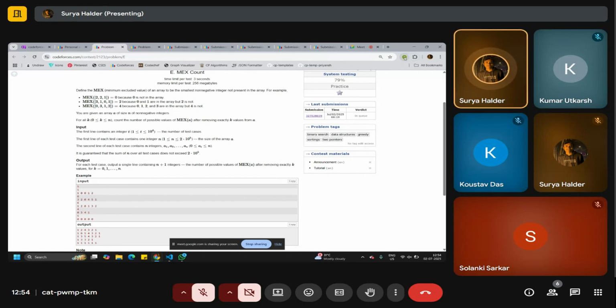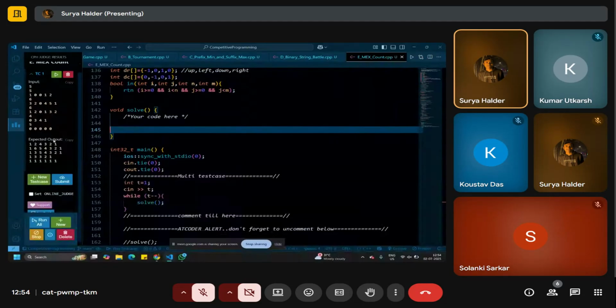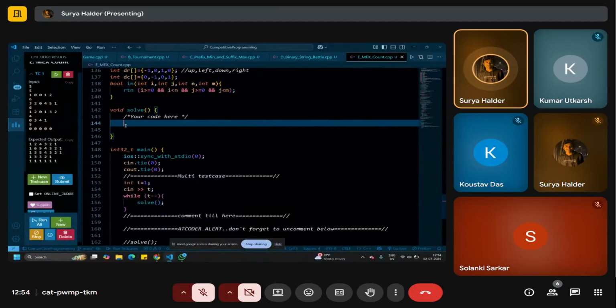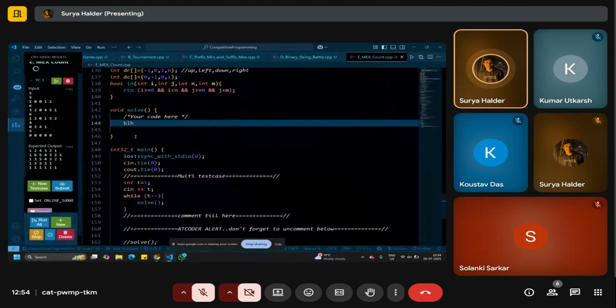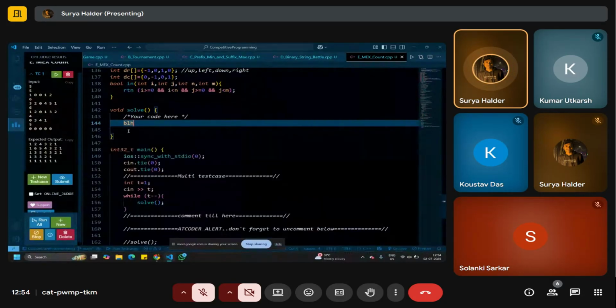If I click plus over here, then automatically my question loads in my VS Code along with the test cases. So I can write my code over here, and then do run all and understand whether my code is giving the correct answer or not. And if it has a syntax error, then your terminal will open.